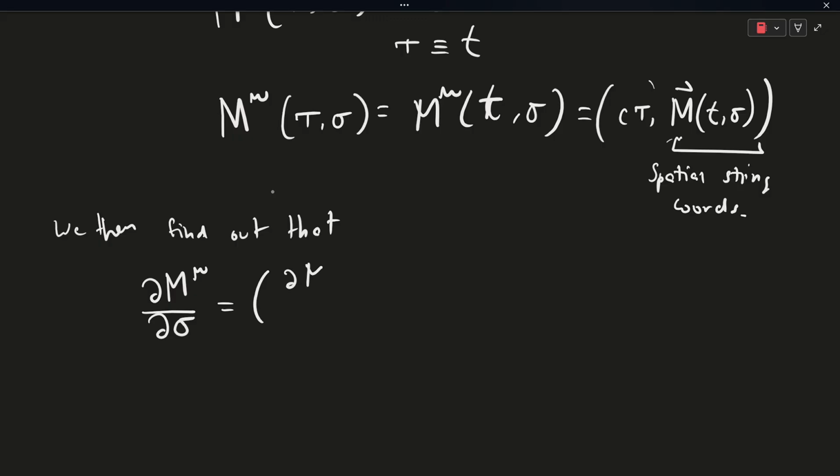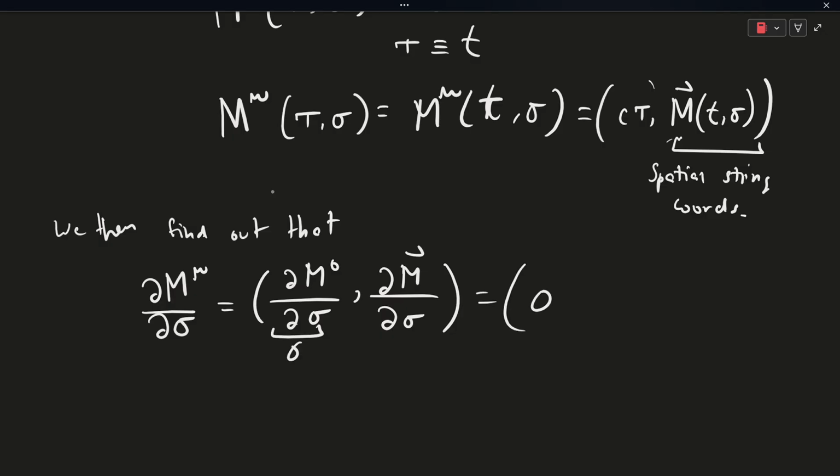That would be m0 with respect to sigma, and then the spatial component with respect to sigma. We know that the first would have to be 0, so then my triplet becomes 0 and then del m spatial by del sigma.